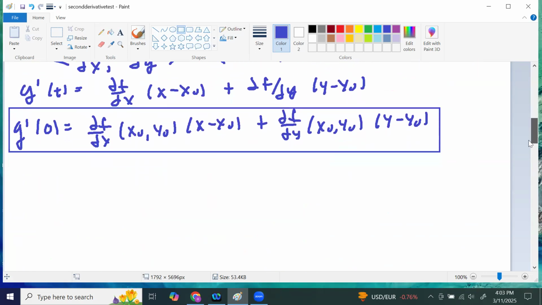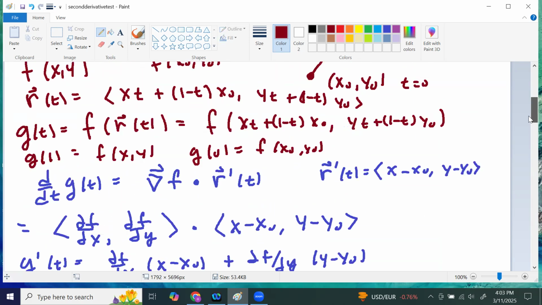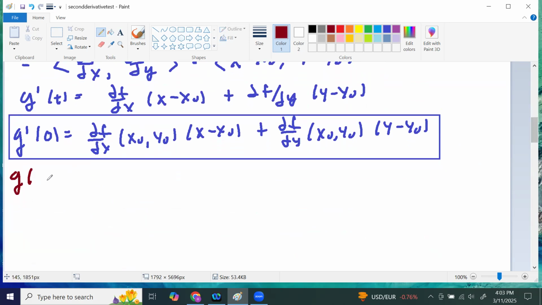So we now have for our Taylor series the first part, and that's going to be g of 1 is going to be g naught plus this thing here.